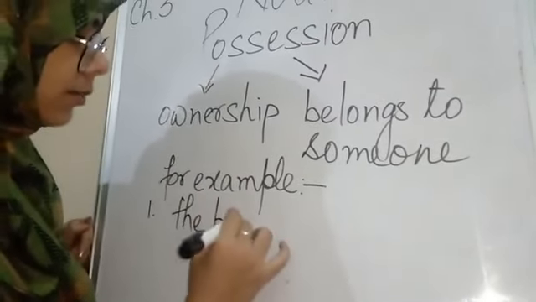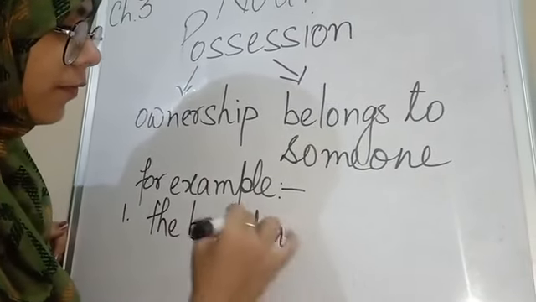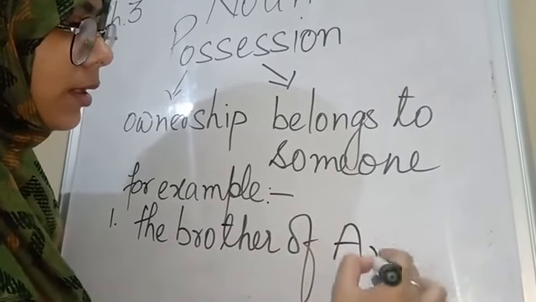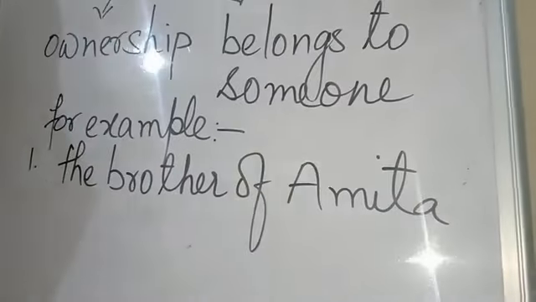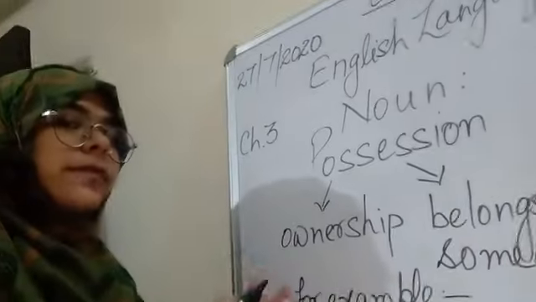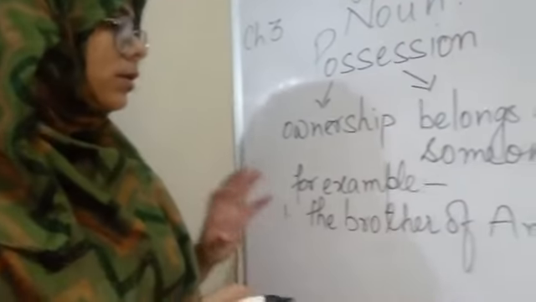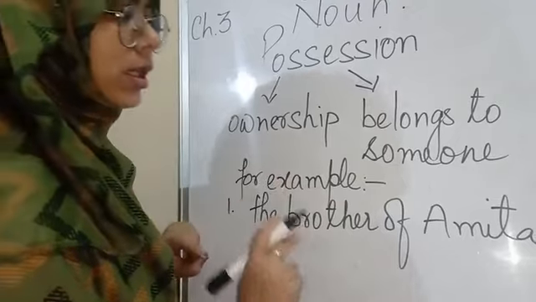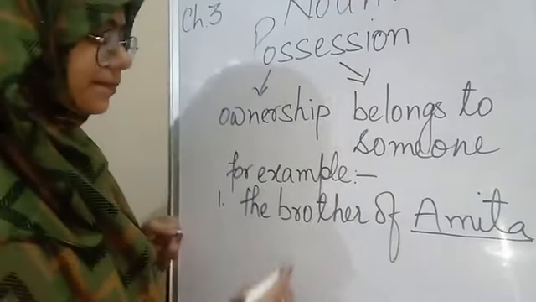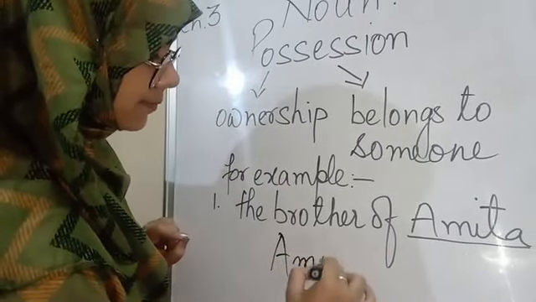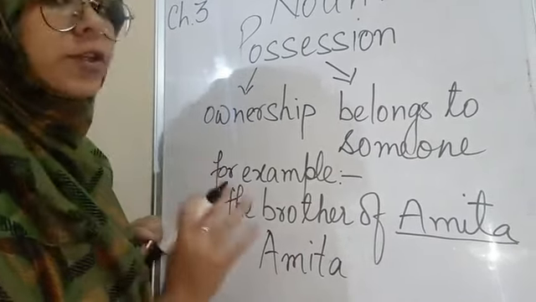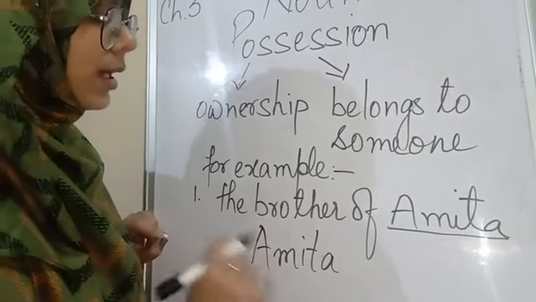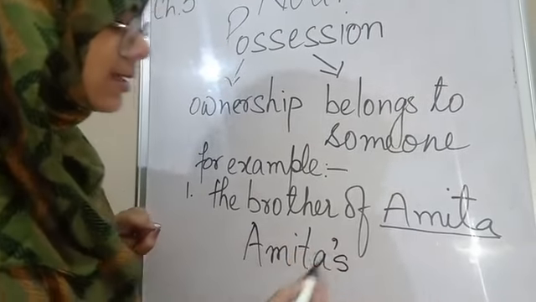For example, take example number 1. The brother of Amita. If I ask you to change it into a possessive noun, how will you do it? First, take the noun Amita. And as per the rule of apostrophe S, write down apostrophe S after the noun.